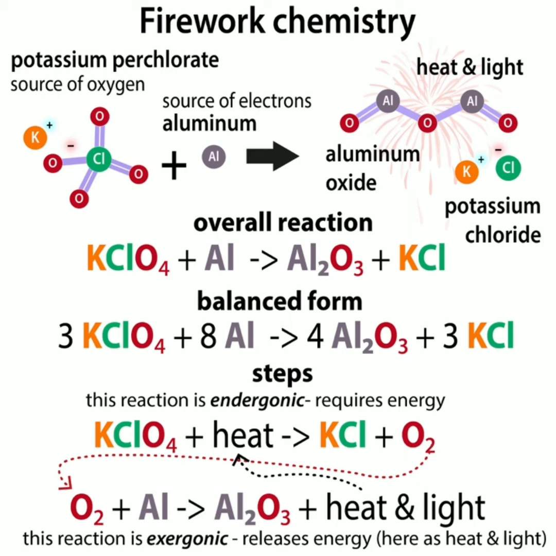And this is why your fireworks don't instantly explode, because there are these two steps. The first step is endergonic, so you have to provide energy. But then once you get that reaction going, it's exergonic, and so it's going to release energy, and it's going to keep the reaction going.